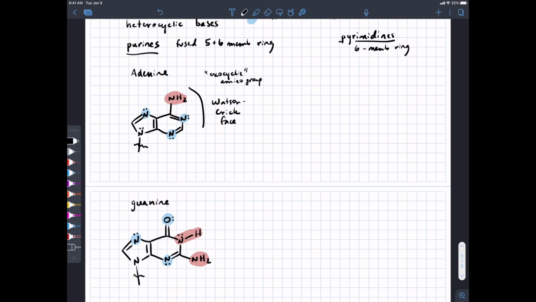All right, now let's do the pyrimidines. These are 6-membered rings, and the first one we'll talk about is thymine. Thymine looks like this. You've got a nitrogen, and that's the one that's bonded to the anomeric carbon of ribose. You've got an NH group here. You've got a carbonyl oxygen here and here.